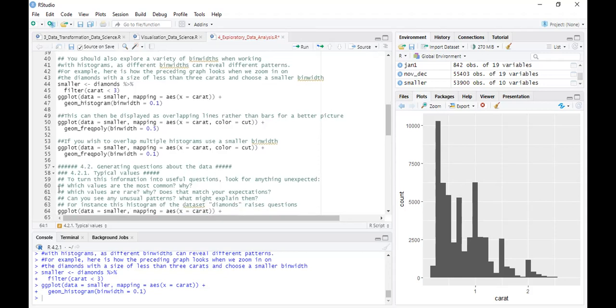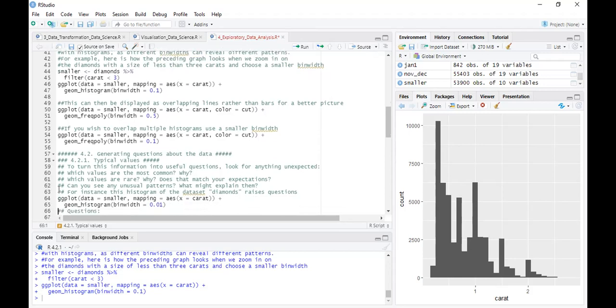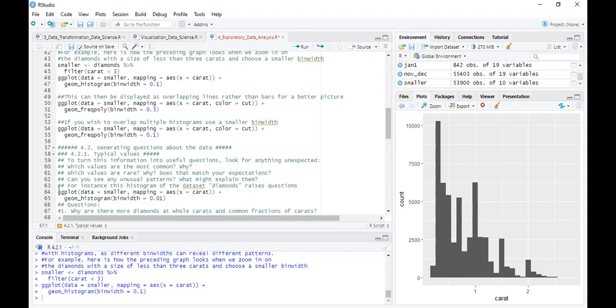Like in this case, we have seen an unusual pattern, and we want to know whether we can explain that pattern by generating an answer. So we noticed that the chart was raising those questions.